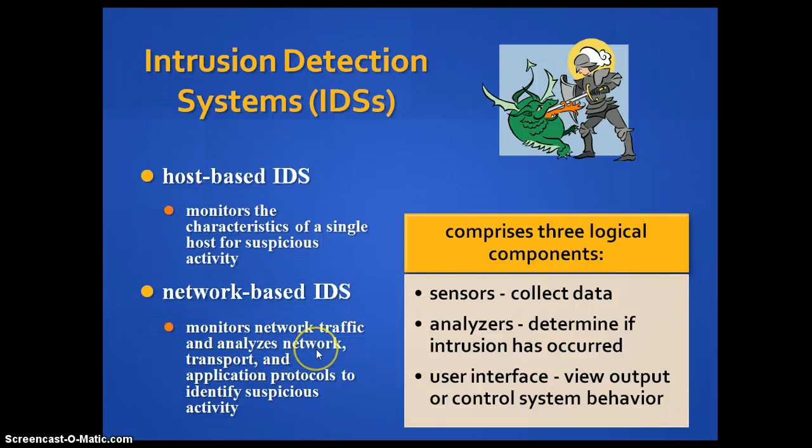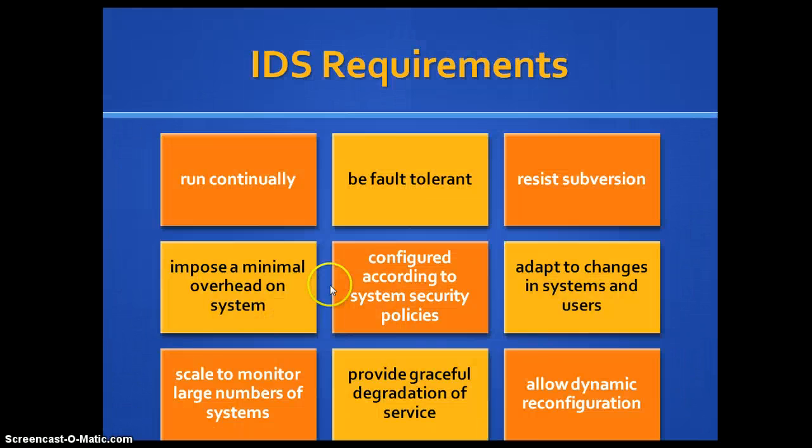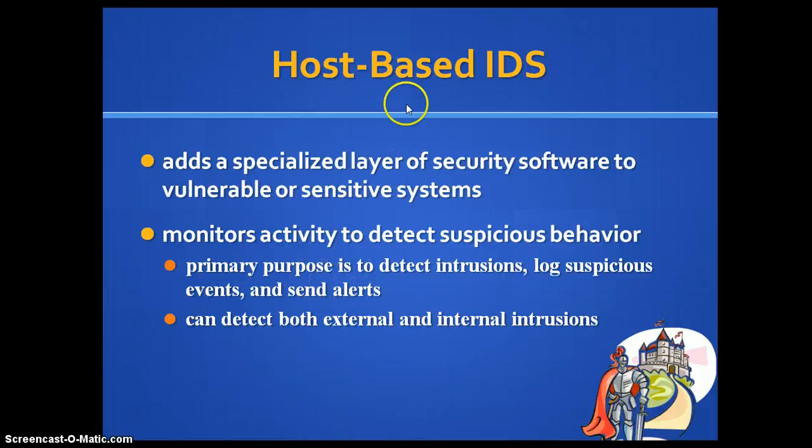Then we monitor the application protocol and transport protocol related to the network, and identify whether it is an attacker from outside or not. We will see with each other. Let's go here with the host-based intrusion detection system.